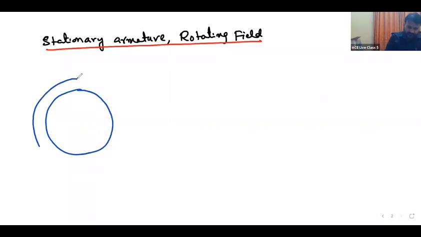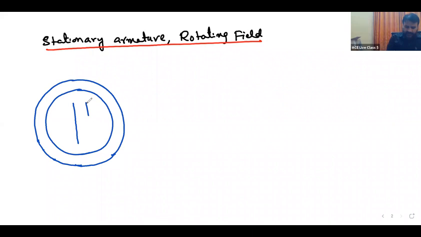This is a stator, and the fields are rotating, the poles are rotating.